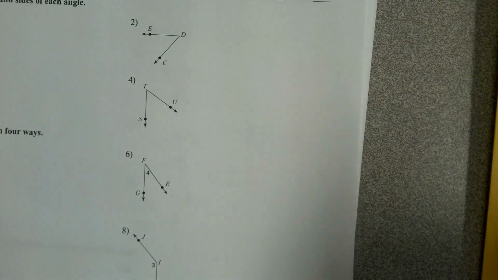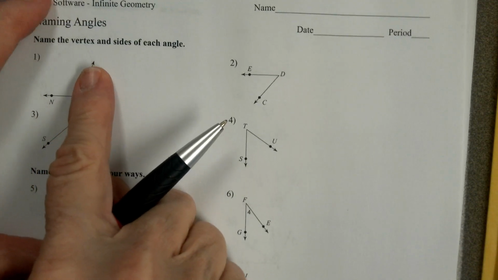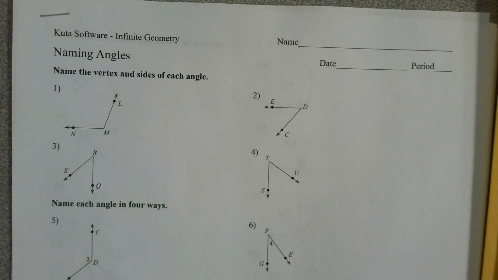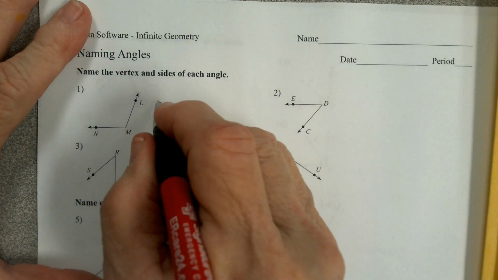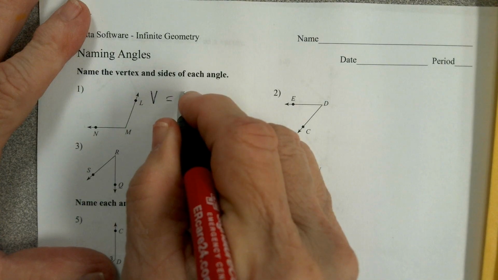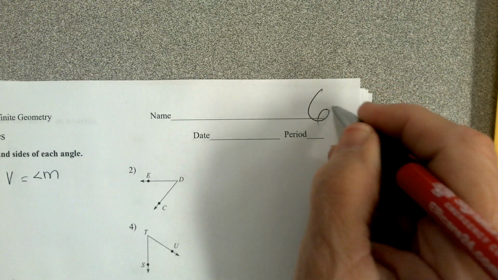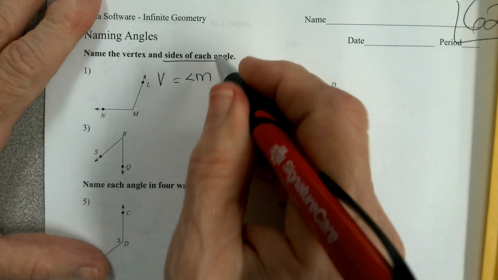Okay. And then let's go ahead and look at this that I put on your desk. It says name the vertex and the sides of each. And I'm going to go through this quickly because we don't have a lot of time. So the vertex is M. And then the sides of each angle are each ray.